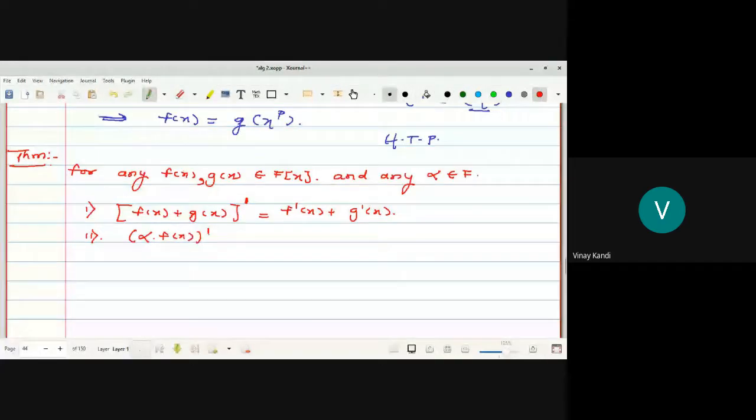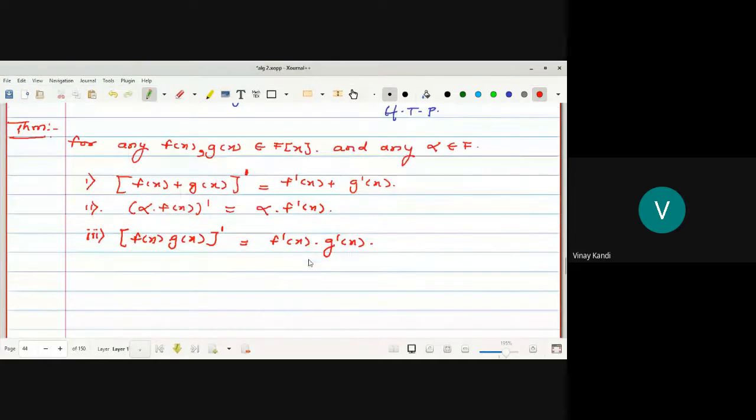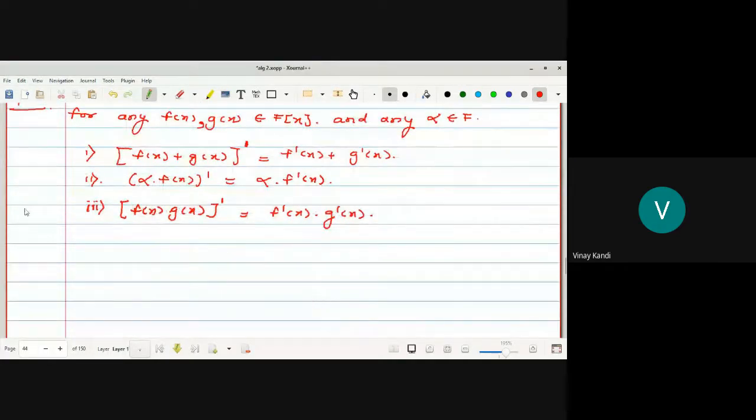Third one, f of x into g of x, okay, derivative of this polynomial is equal to f dash of x into g dash of x. ओके, कोणतेही दोन पॉलिनॉमियल असतील तर त्यांचं डेरिव्हेटिव्ह काय होते? ते पाहिलेलं आहे, त्यात काय प्रूव्ह करायचं. ओके, लुक ॲट द सॉल्युशन. एनी डाऊट इन दिस स्टेटमेंट? कोणता पार्ट आहे समजलं नाही आहे सर?